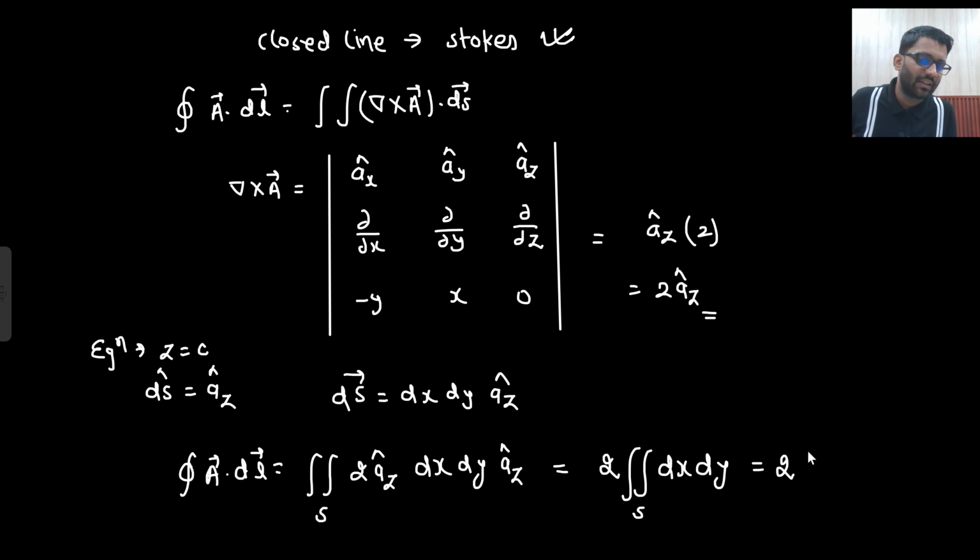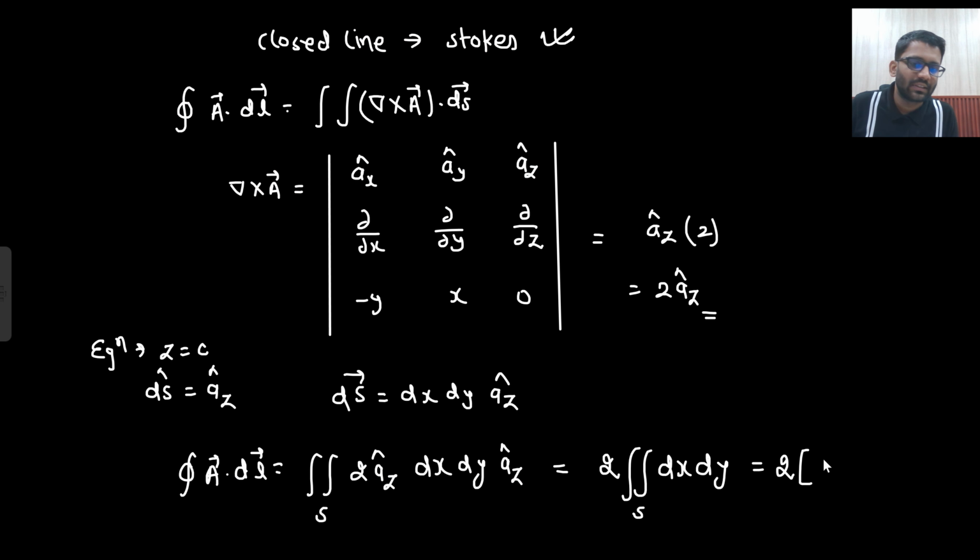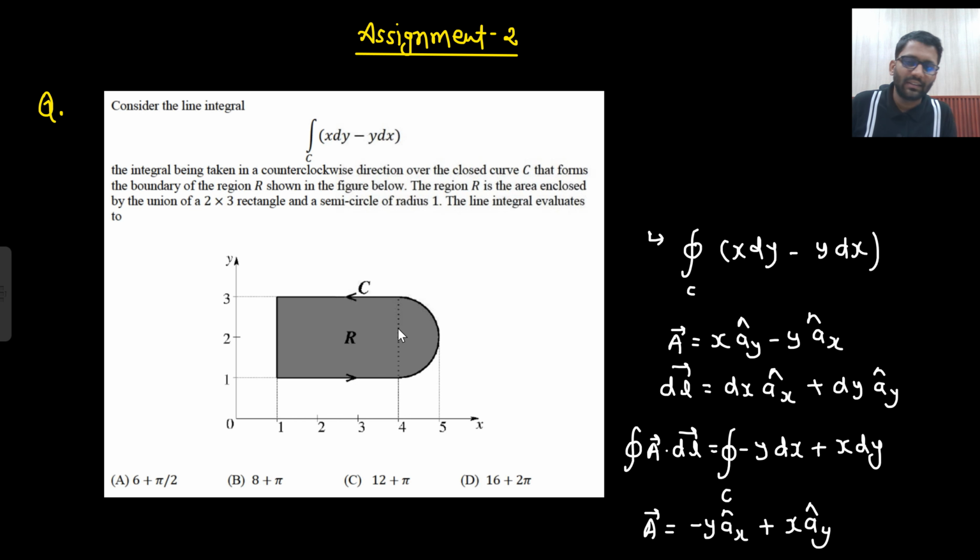So what is the surface area? First you can see this is a rectangle. So the surface area of this rectangle is 3 into 2, 6, plus this is a half circle, or what do we call it? Semicircle. So pi r square by 2, where r is 1, so pi by 2.